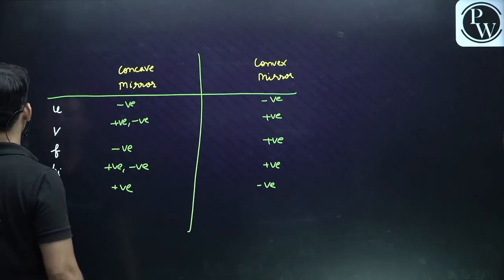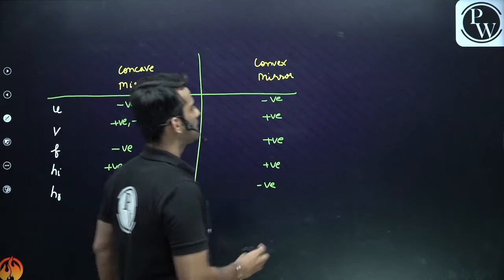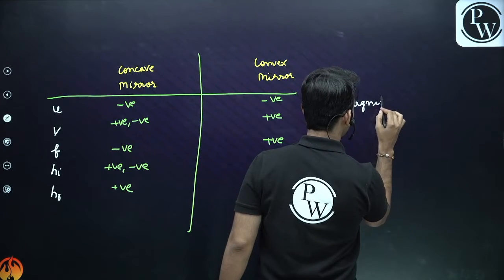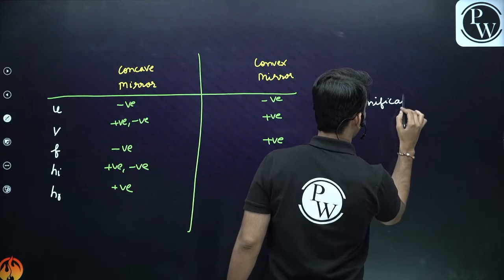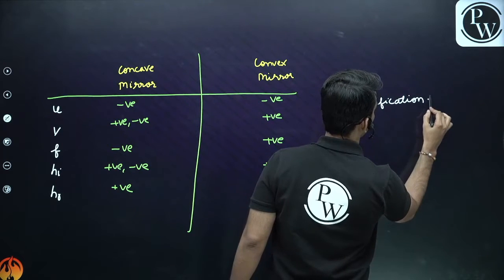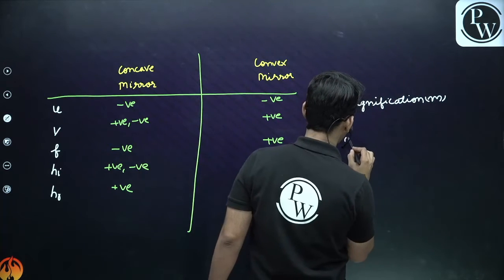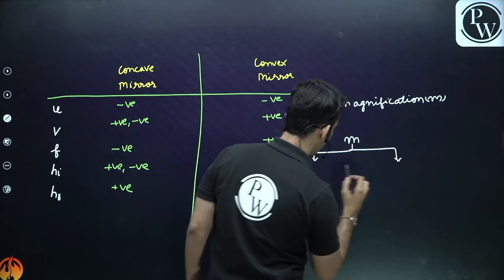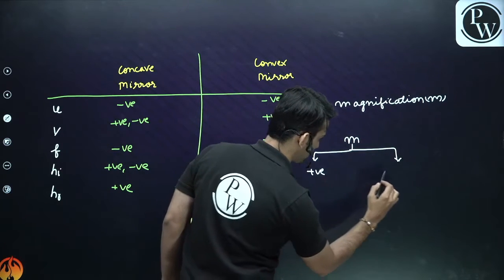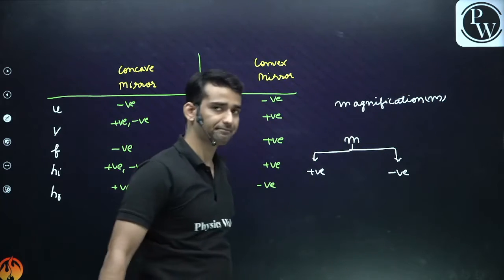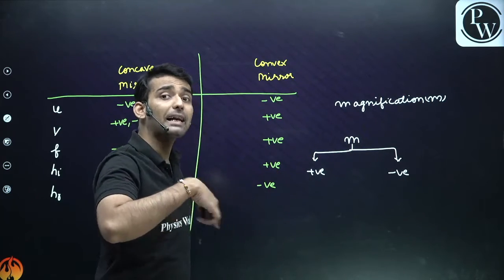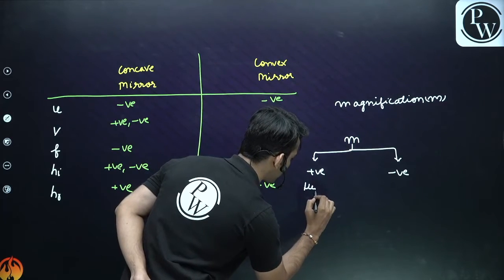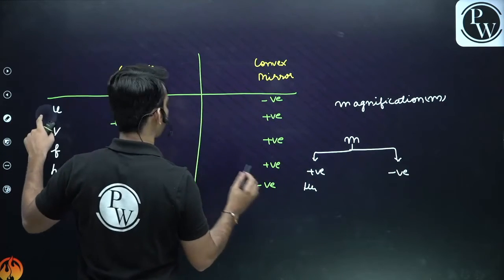Clear, guys? Okay. Now, the next parameter is magnification. How can you find the magnification? Magnification can be of two types. It can be positive or it can be negative. If magnification is positive, the image is virtual and erect. Just recall this, guys.